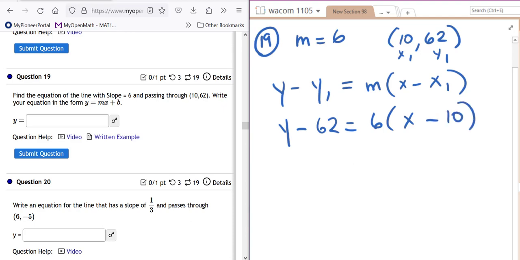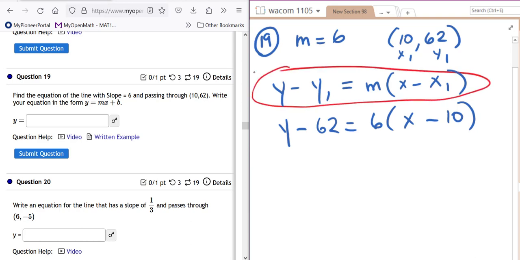That is plugging in, and I'm going to circle this formula. You may need to make sure you know that formula. All right, and as you study for this final, you might make yourself an index card or a sheet of paper that's your formulas. You can't have it with the test, but you can look at it as you're studying to help you learn to memorize it. You can go through it a few times to see if you know it.